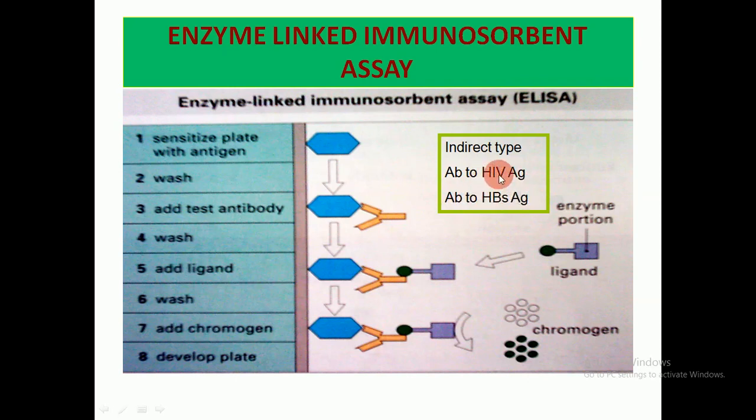Here we use a microtiter plate coated with the antigen, and then add the patient serum that contains the antibody, and we wash to get rid of the excess antibody, and then we add the ligand and wash to get rid of excess ligand, and then add the chromogen, and this leads to development of the color.